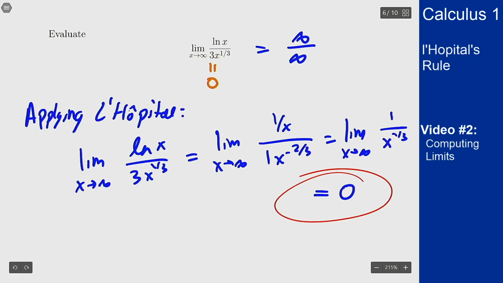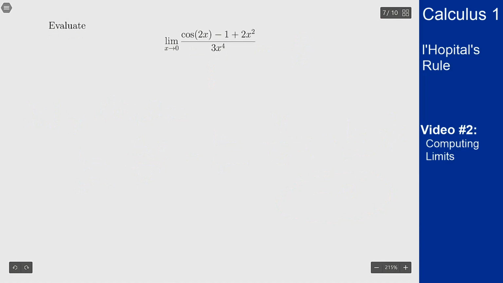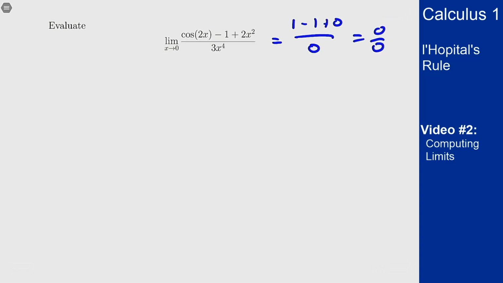It tells me that this limit actually equals 0. And then finally, we have this problem here. The limit as x goes to 0 of cosine of 2x minus 1 plus 2x squared, all over 3x to the 4th. If I plug in 0, I get a 1 from the cosine, minus 1 plus 0, over 0. This is 0 over 0. I can apply L'Hopital's rule to it.